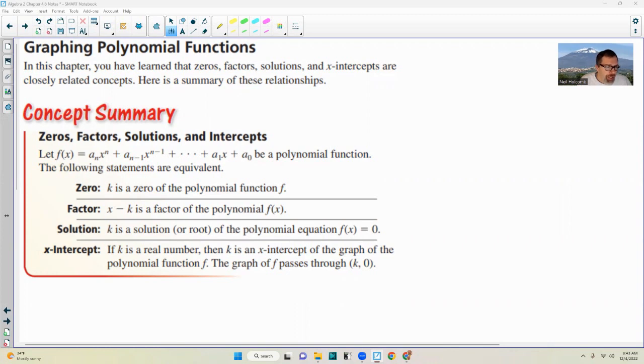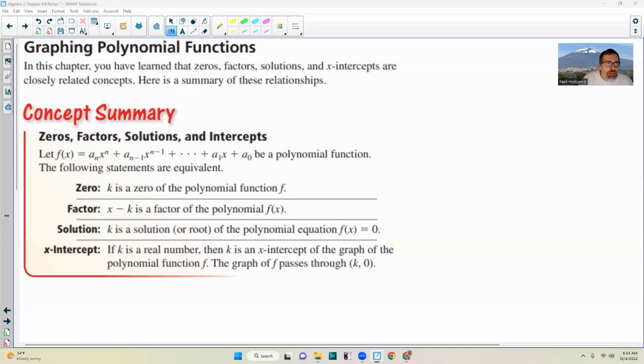Therefore, the factor x minus k is a factor of the polynomial f of x. Solution: k is a solution or root of the polynomial equation f of x equals 0. And x-intercept: if k is a real number, then k is an x-intercept of the graph of the polynomial function f. The graph of f passes through k comma 0.